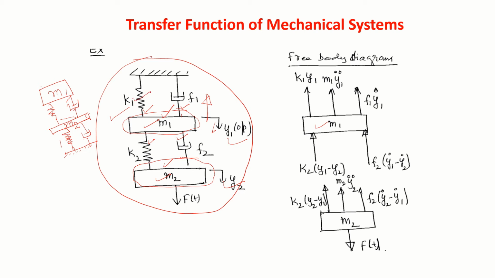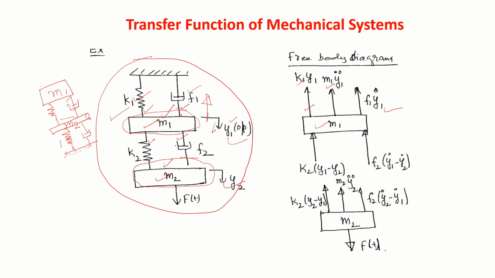The displacement shown here is y1, so it is k1 y1 and that force acts upwards. Similarly here F1 y1 dot, correct? That is the force. Then m1 means inertia force. I have shown m1 y1 double dot.